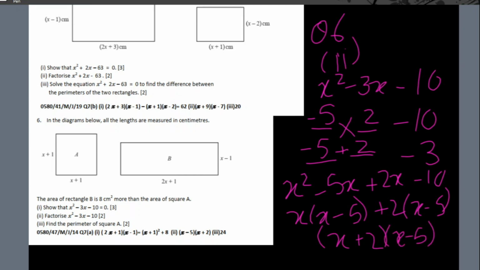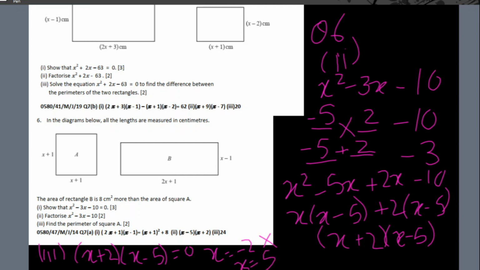Okay, part 3, find the perimeter of square A. So for that we first need the value of x, so let's equate it to 0. So for part 3 I'll equate the given factorized form to 0, and from here I get two answers, x equals minus 2, which we'll ignore because lengths cannot be negative, and then x equals 5.